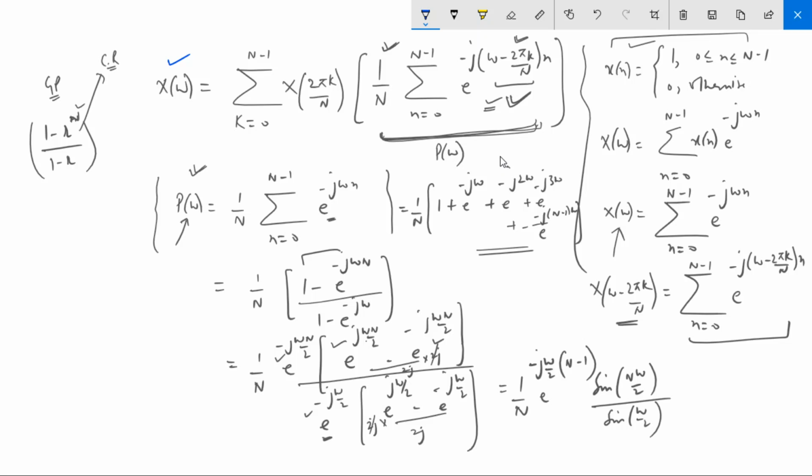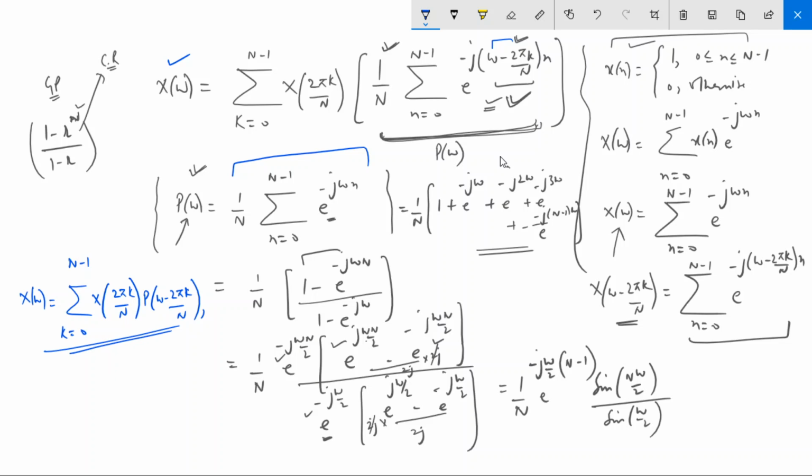X(omega) is equal to the summation of k from 0 to n minus 1, X(2 pi k by n) into 1 by n into P(omega minus 2 pi k by n). Okay, this is the ideal reconstruction formula for reconstructing the original spectrum from its samples.